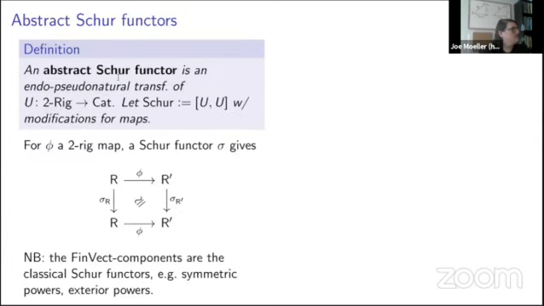An abstract Schur functor, we're going to define it to be a pseudo-natural transformation from the forgetful functor from 2-rigs to Cat to itself. So it's an endo-natural transformation of this forgetful functor. And we're going to let the category of Schur functors have those as objects and modifications for its maps.